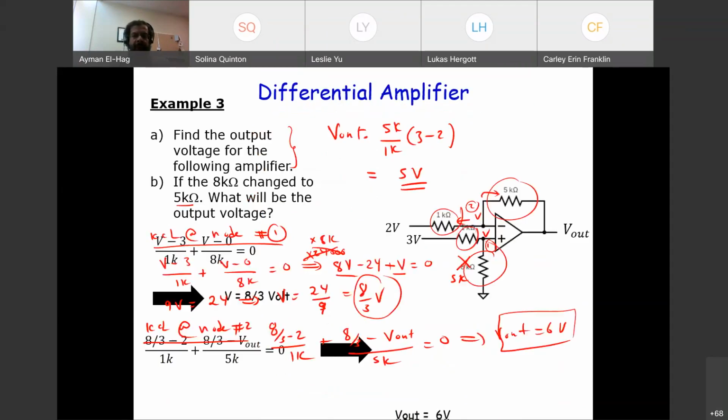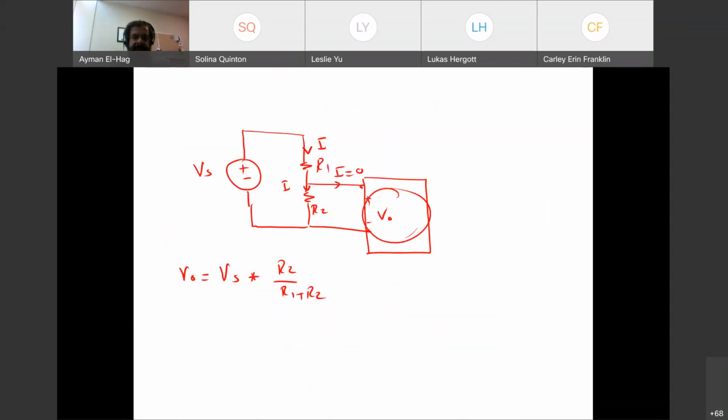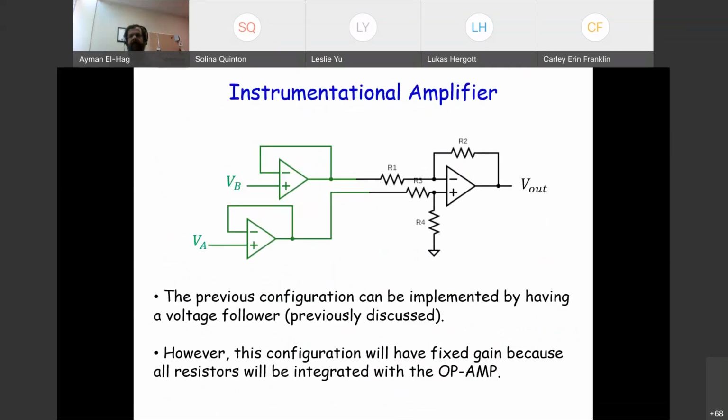So this is what we will connect here. Here is the instrumentation amplifier, with your two inputs VA and VB. Now we will have a buffer in between. Everything here is integrated. You have no access to this. This is all one chip.